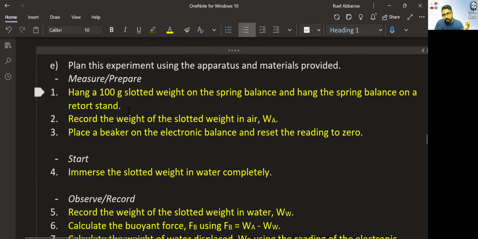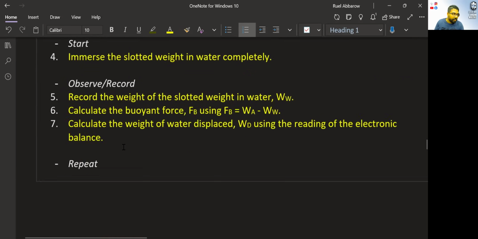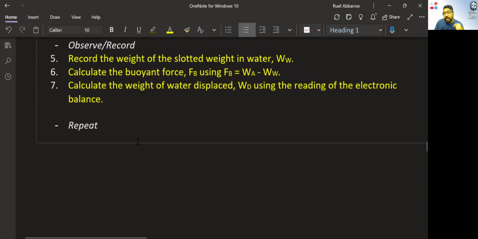So when you repeat, you're going to change the slotted weight to increase the mass of the slotted weight. How many do you need when you repeat? Generally, we have a total of 5 readings, 5 sets, 5 rounds of experiment.